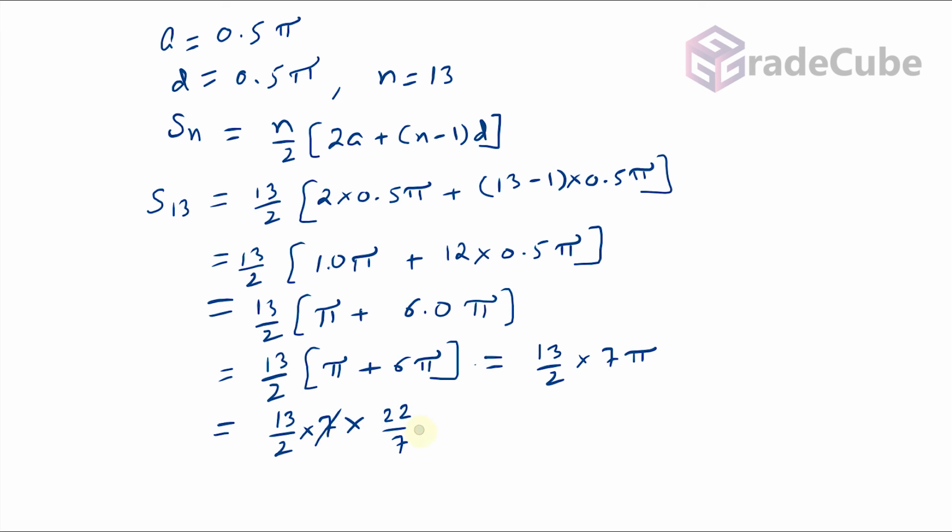So 7 cancels out, 2 cancels 22 by 11. It is 13 multiplied by 11, which is 143. Therefore, length of spiral is 143 centimeter.